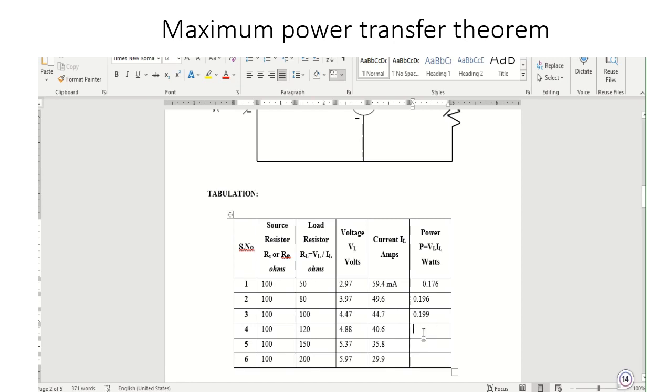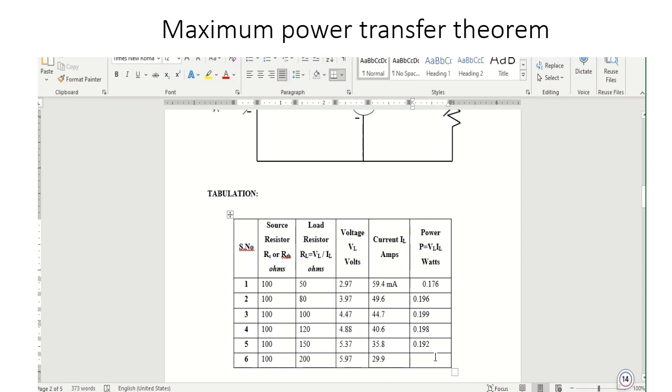Next, 4.88 multiplied by 40.6 milliamps gives 0.198. Next, 5.37 multiplied by 35.8 milliamps gives 0.192.